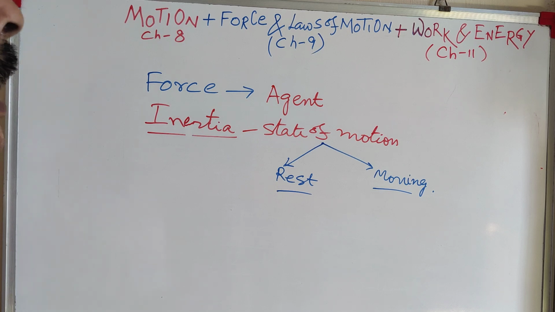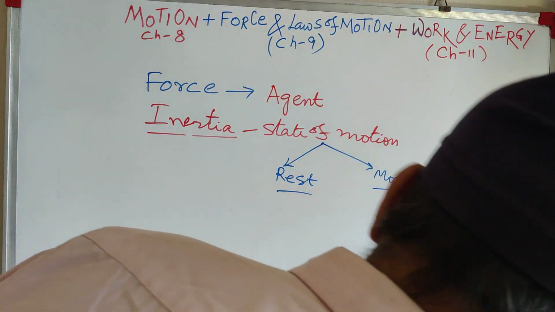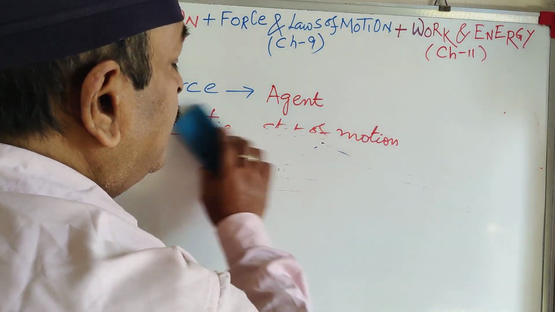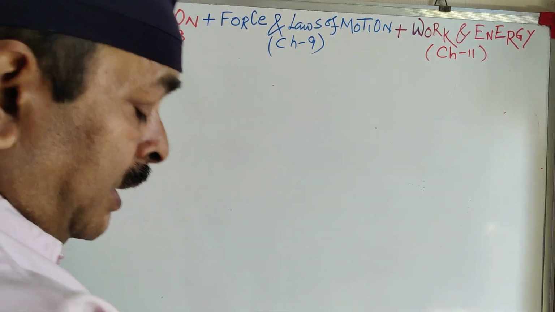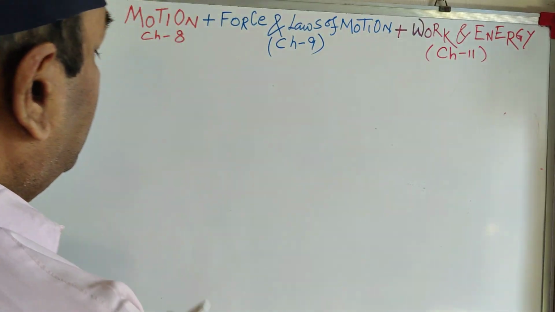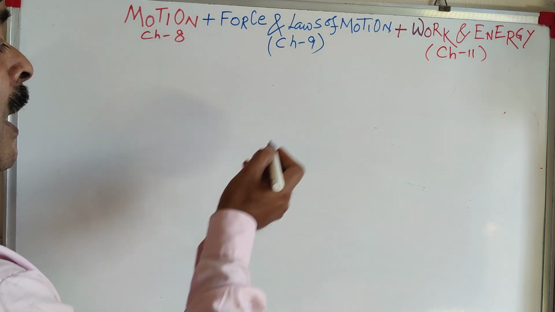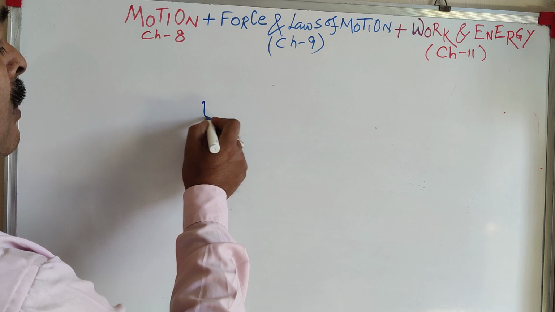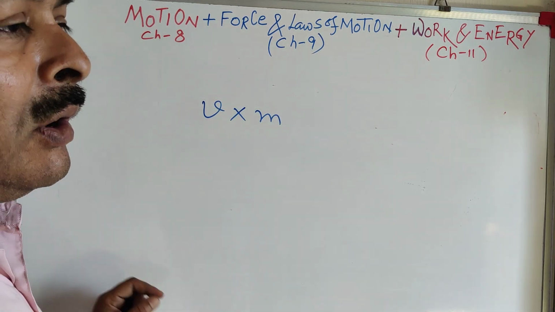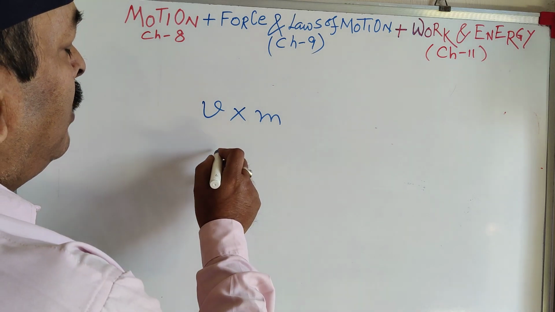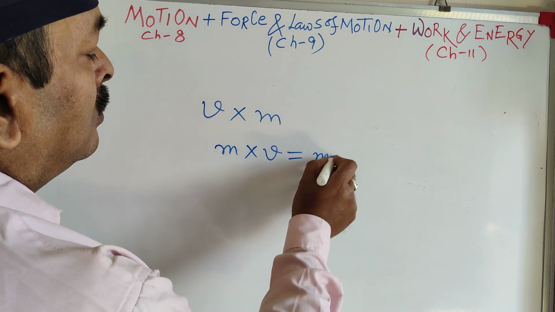Now, suppose we are not taking the rest, we are taking a body in motion. When it is moving, velocity will be multiplied with the mass of an object, m into v, and we call it momentum.